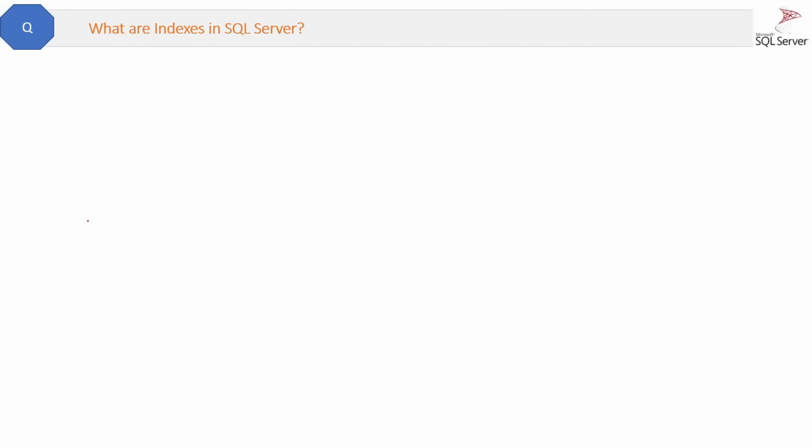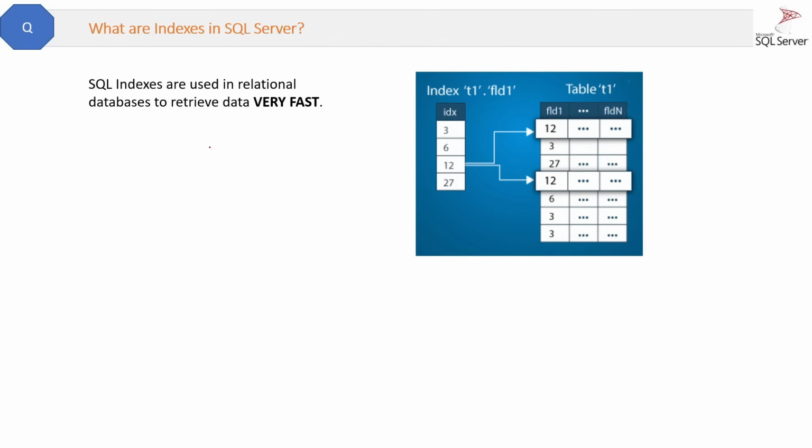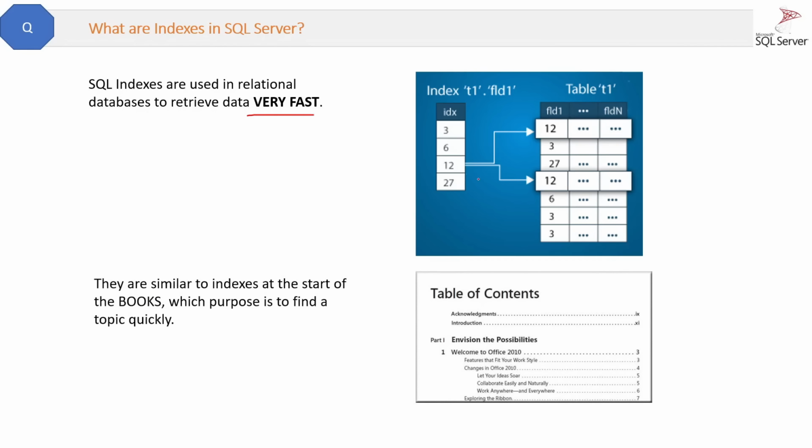What are indexes in SQL Server? In simple words, SQL indexes are used in a relational database to retrieve data very fast. Or we can say, to improve the performance of queries, we apply indexes on the columns. It is similar to the index at the start of a book, whose purpose is to find a topic quickly.